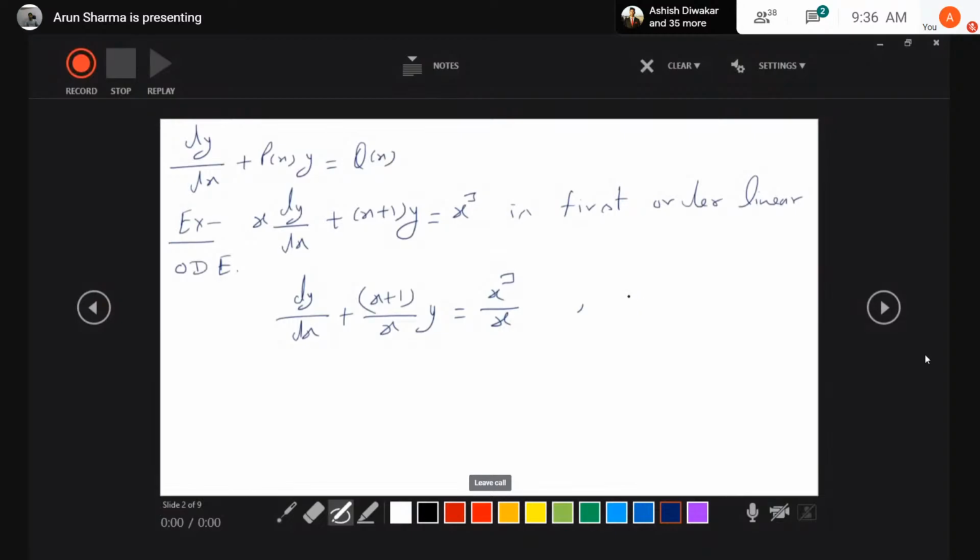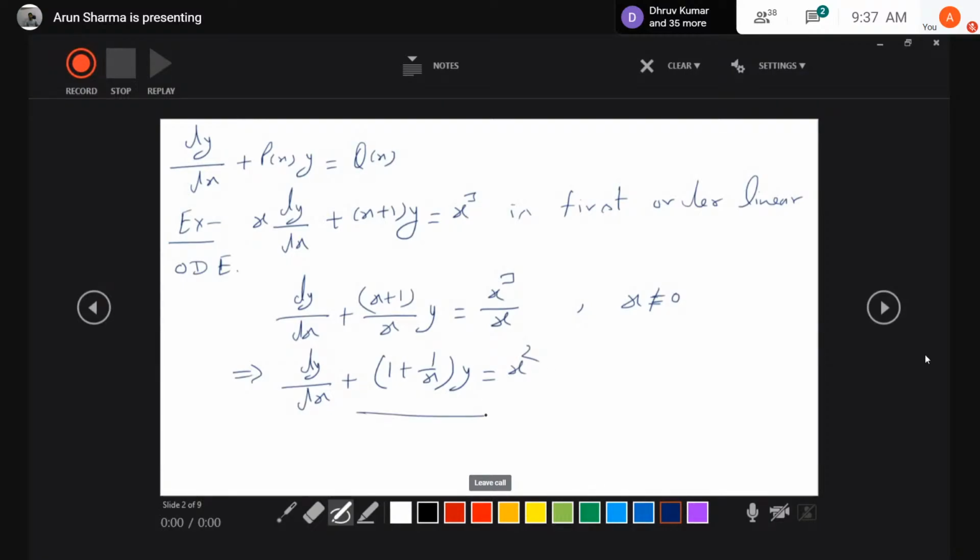So make sure you note that if this is some initial value problem, you are not taking x equals 0, and only then can you divide by x. So dy by dx plus (1 plus 1 upon x) times y equals x square.